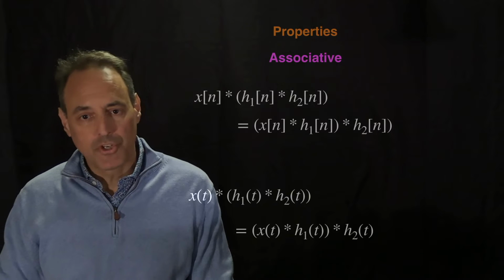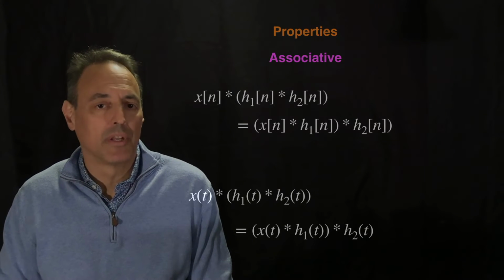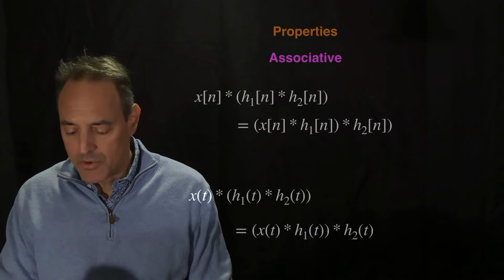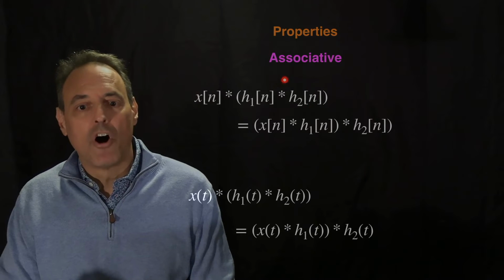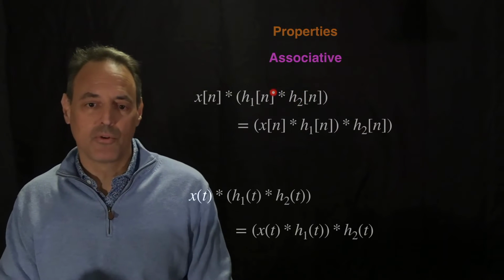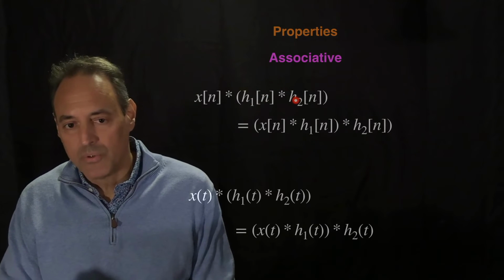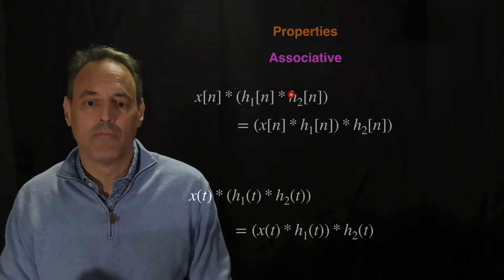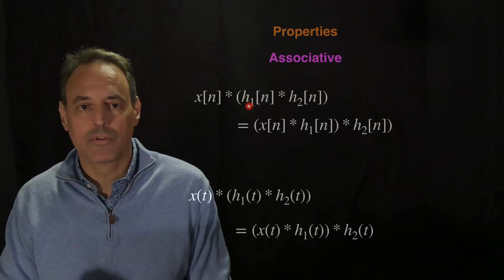You also have associative properties, around what we normally think of as multiplication. Here what you have is x convolved with, in parentheses, h1 convolved with h2. So notice these are both responses, h1 and h2, to signals, right? So they're convolutions. And what it says is it doesn't really matter the order of the operations here.